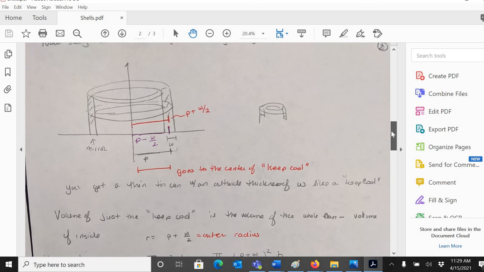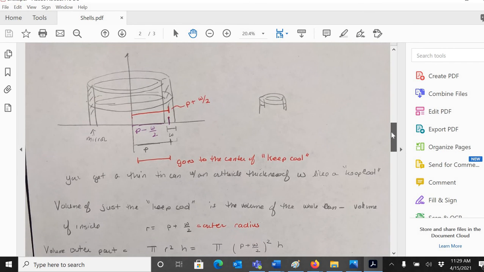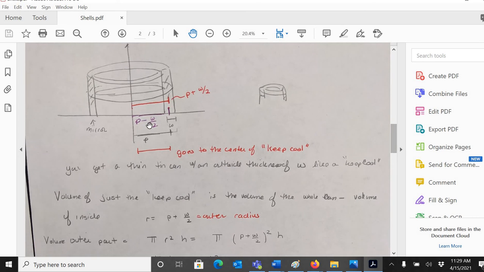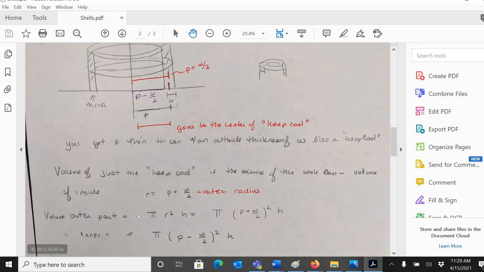And so I wrote a lot on here, but the radius of the outside, I have a formula for it. p is to the center, and I need to go to the edge to get the outside. If w is all the way across, it's w over 2. That's the radius. And I put it into the volume of a cylinder, which is what I have.